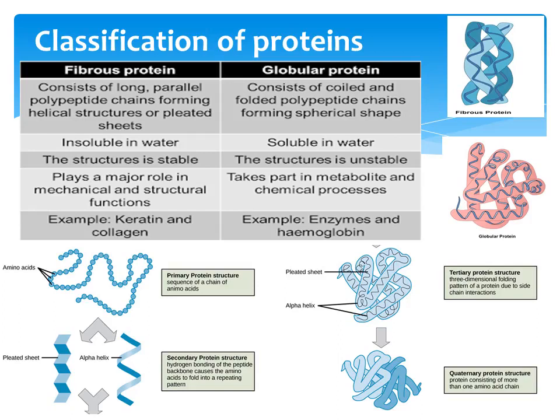Talking about the tertiary one, it is the 3D folding pattern of a protein due to side chain interactions. Now lastly, the quaternary one, the most puzzling one, right? The protein consists of more than one amino acid chain. It's not only one. You can see there are two kinds of colors right here. So we have more than one kind of amino acid chain present in the quaternary protein structure.